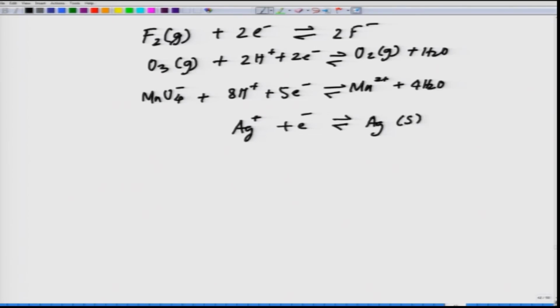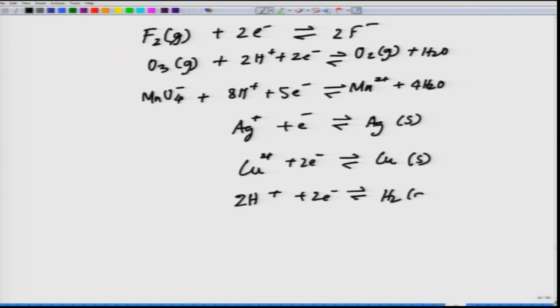Similarly, Ag, we have already talked about it, Ag plus electron making Ag solid. Copper 2 plus plus 2 electrons, making it Cu solid. Similarly, 2H plus, now this is the reaction we have already talked about, making H2 gas.